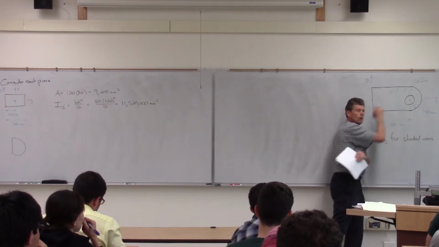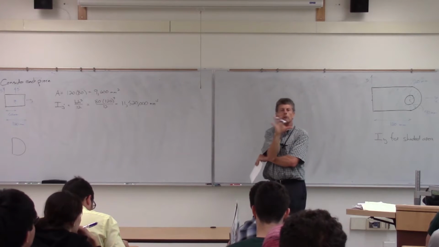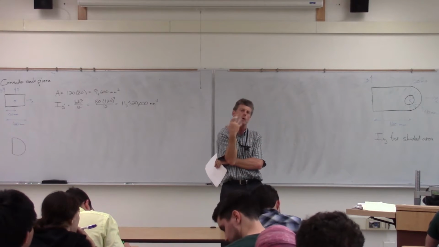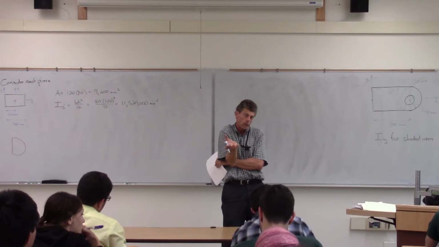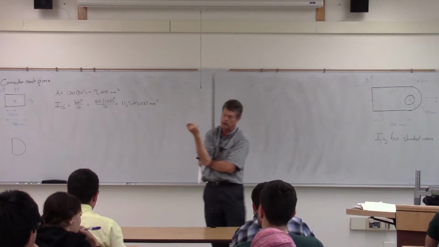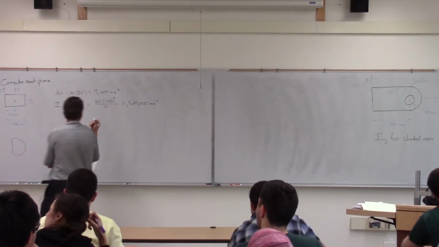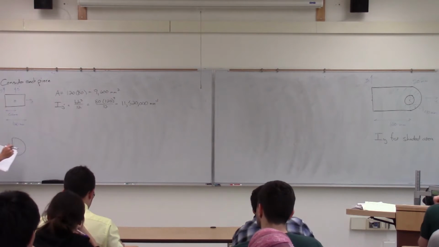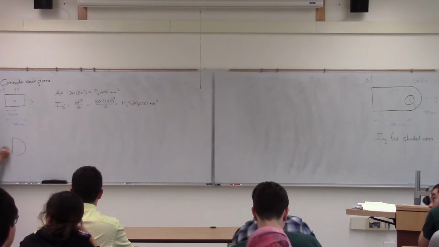So I'm going to look at all the pieces, and that's a good point. What we're going to do is similar to what we did with the centroids. We're going to create it as a negative area, and a negative moment of inertia too. Okay, so getting back to this one.